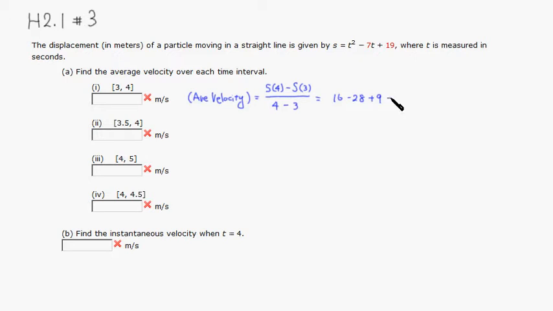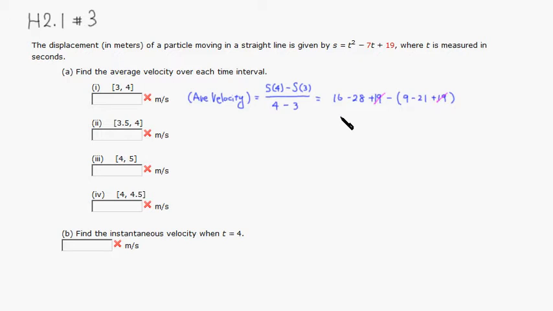Then you have to subtract s of 3. Plug in 3, so 3 squared is 9, and negative 7 times 3 is negative 21, and then plus 19. Oops, I miswrote that, it's a plus 19. And over 4 minus 3, which is 1, so I'm not going to write that. The 19 minus 19 cancels out, so we don't have to worry about that.